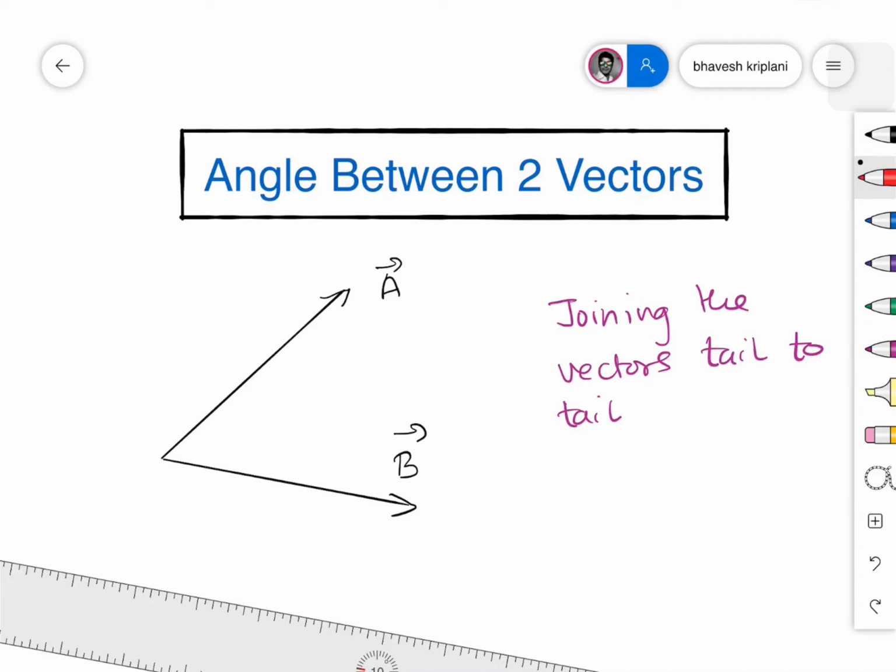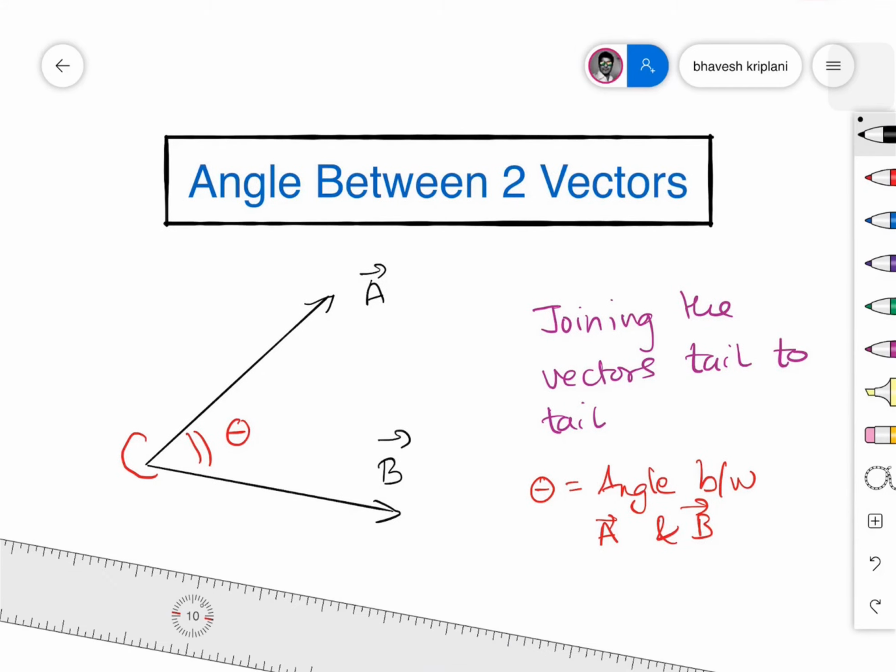Once we do that, then we can see two angles over here. This is one angle and this is the second angle between the vectors. So we take the smaller of the two angles and we call it theta. So theta is the angle between vectors A and B.